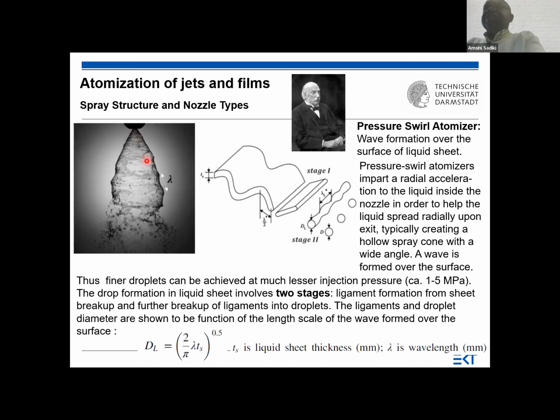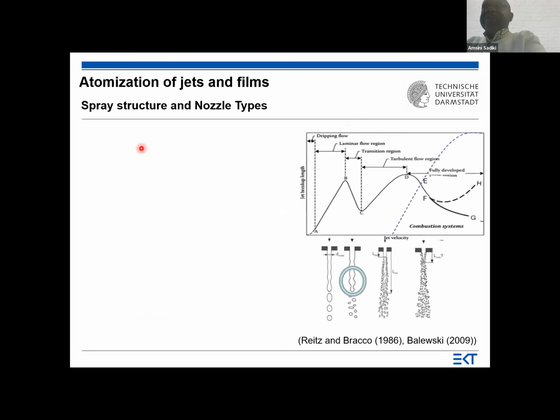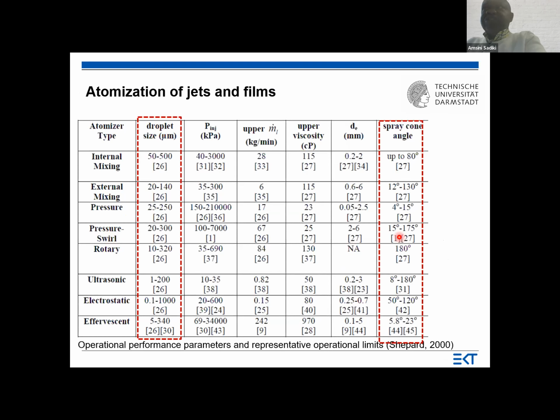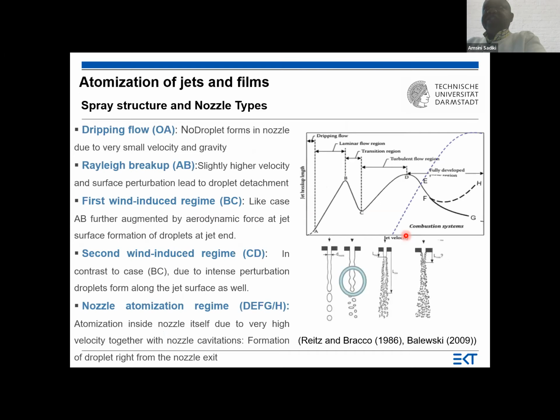This gives rise to a hollow spray cone with a wide angle. Yesterday we saw that this angle can reach a value of 175 degrees in this table. So that is what we found yesterday.